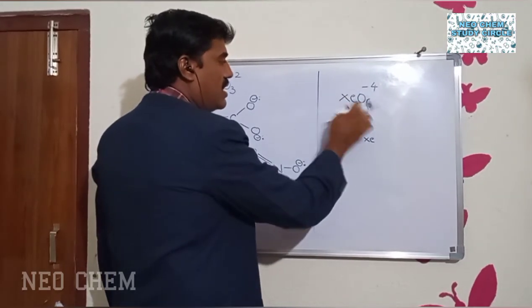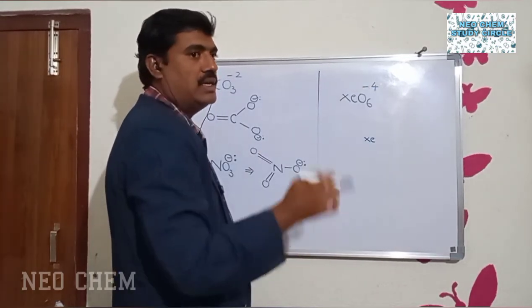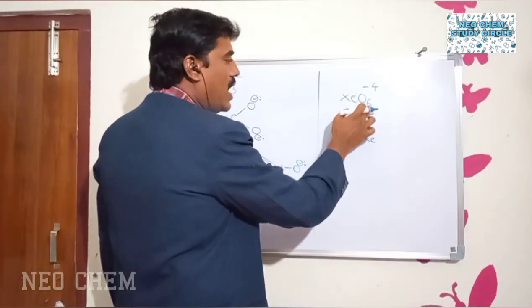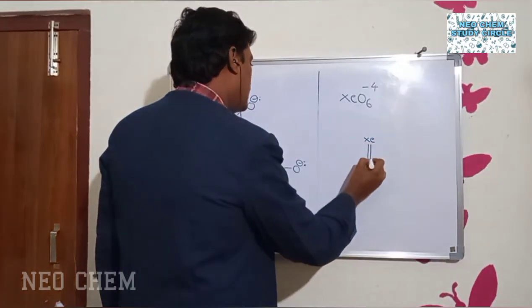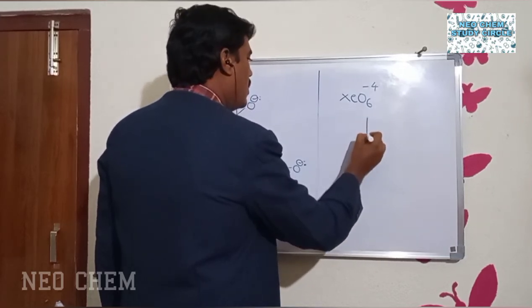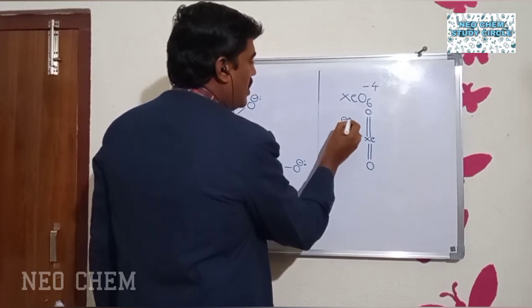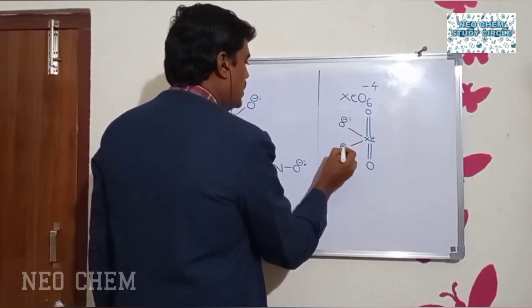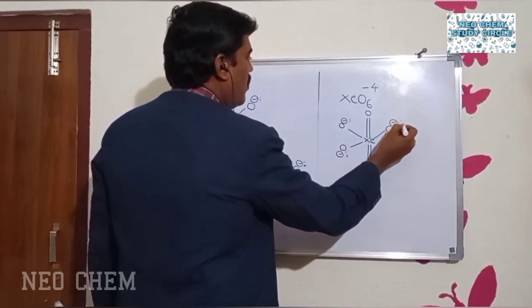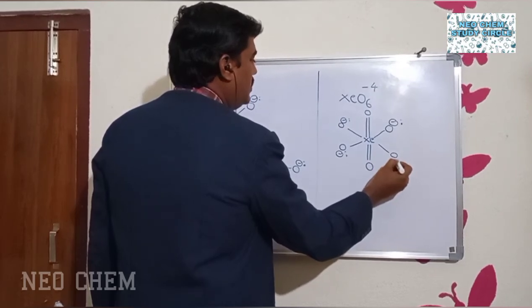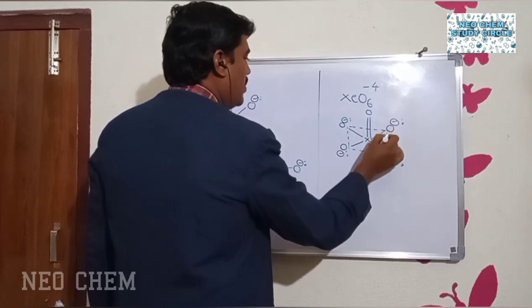Of the 6 oxygen atoms, 4 oxygens with a single bond and negative charge, the remaining 2 oxygens with a double bond, like this. Double bond O, double bond O, single bond O minus, single bond O minus, single bond O minus, single bond O minus. Okay, this is the structure of the perxenate ion.